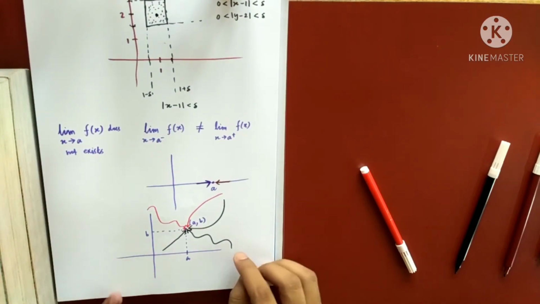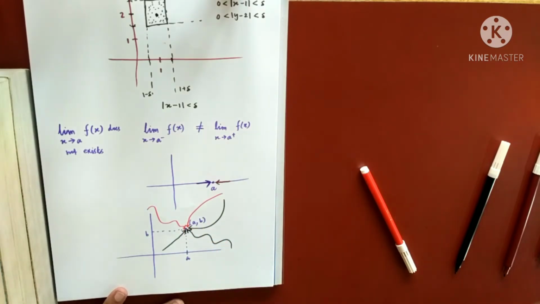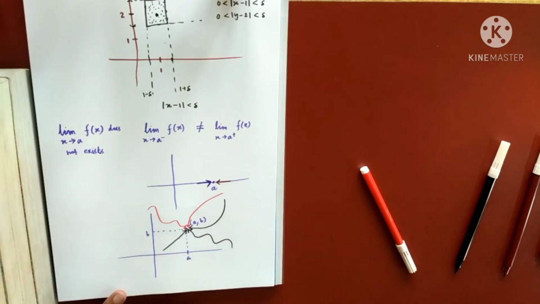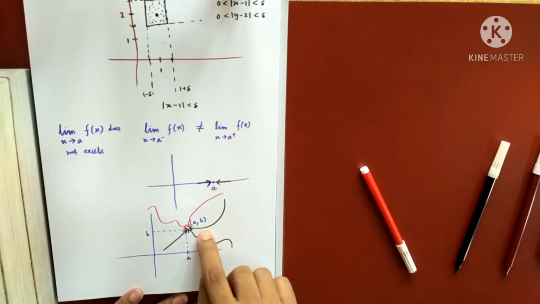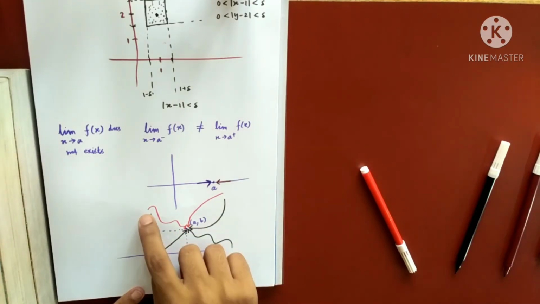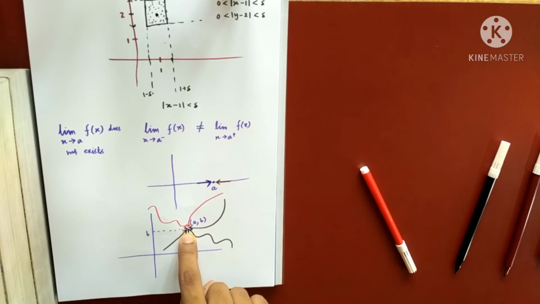Sorry, let me repeat that. When I am approaching the point (a, b) using this black curved line, and I am getting some value L1, and approaching (a, b) using this red line, I am getting some limit L2.